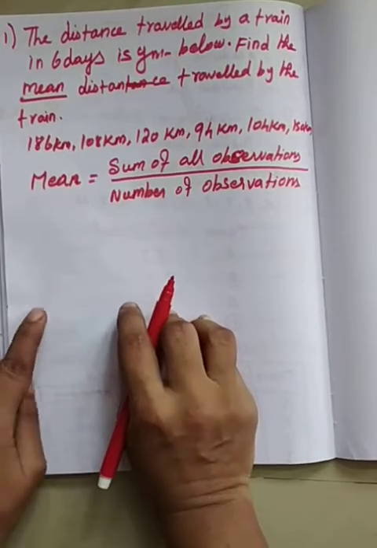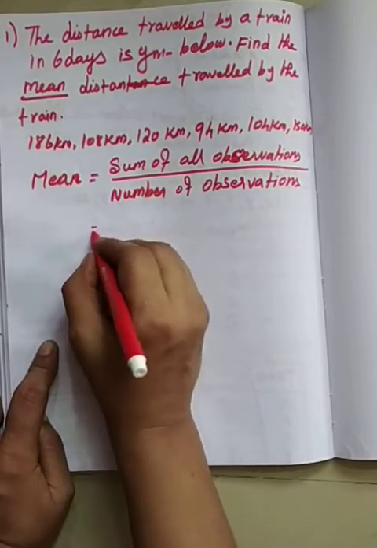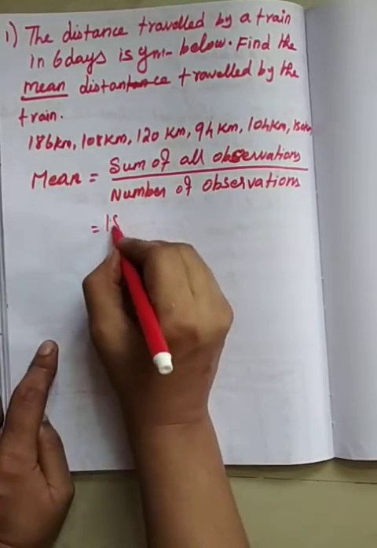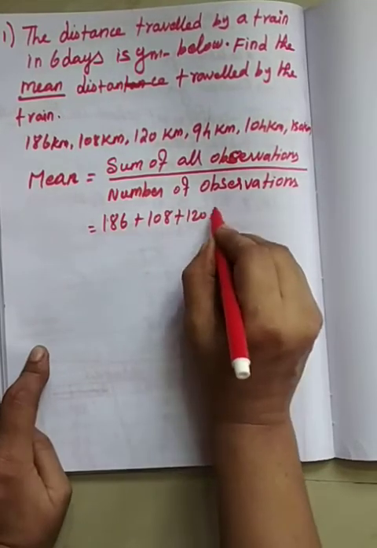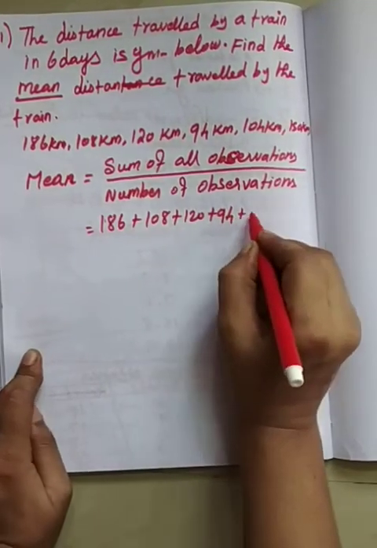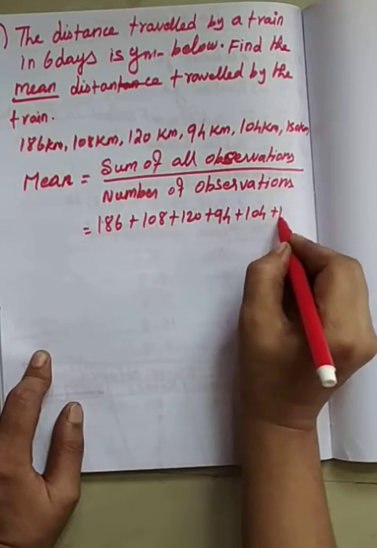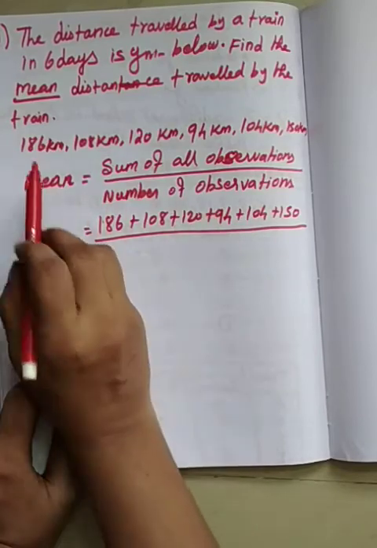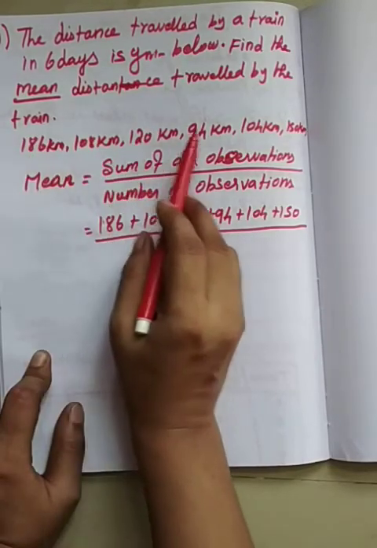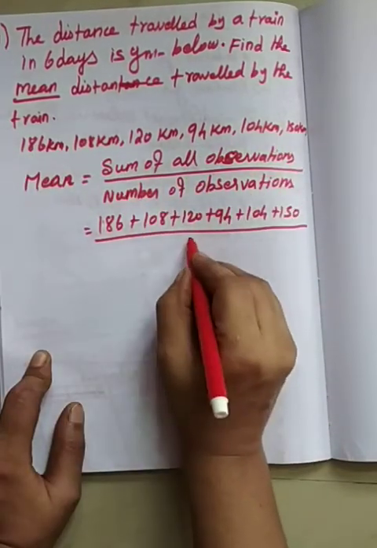Now you have to write the sum of all observations: 186 plus 108 plus 120 plus 94 plus 104 plus 150, divided by the number of observations. See, 1, 2, 3, 4, 5, 6. So you can put 6.